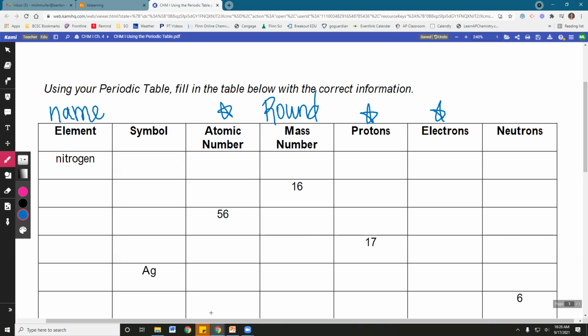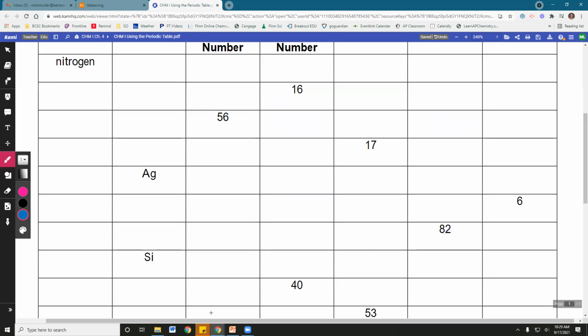And then the neutrons, you would subtract, I'm going to say Mn for the mass number minus An for the atomic number. Now, when it's the neutrons, there's actually two possible options for that element.